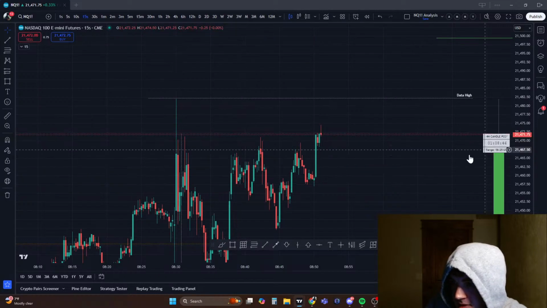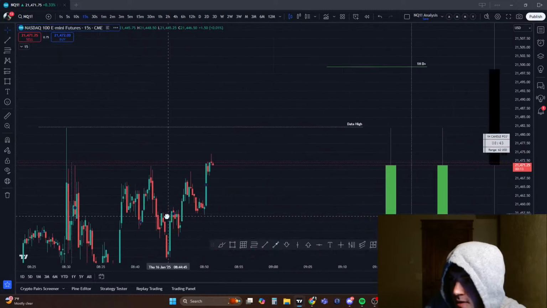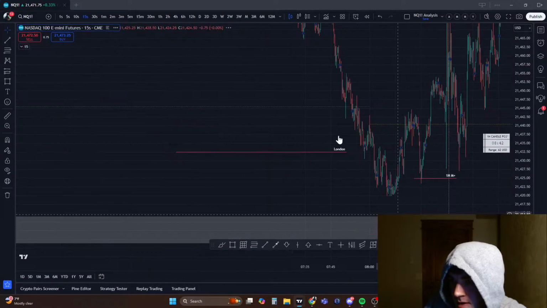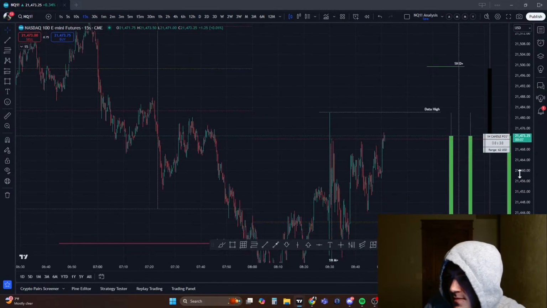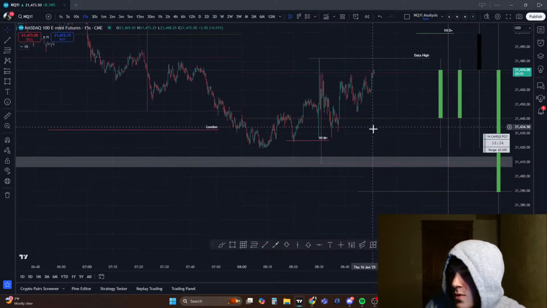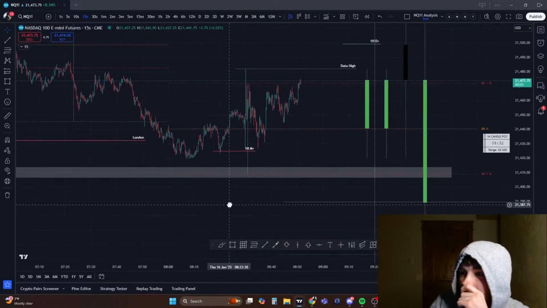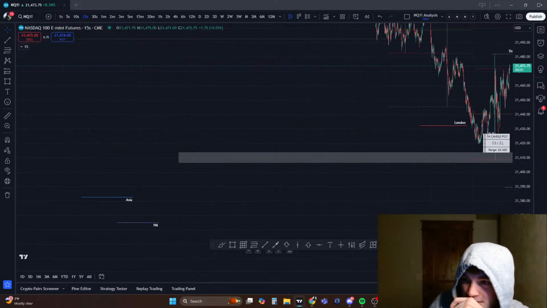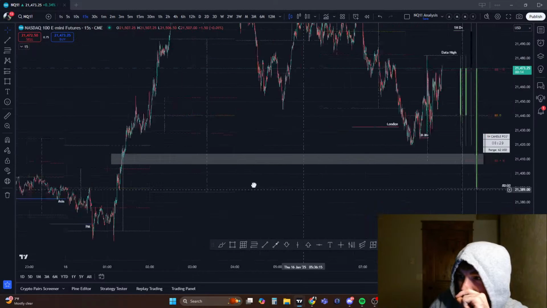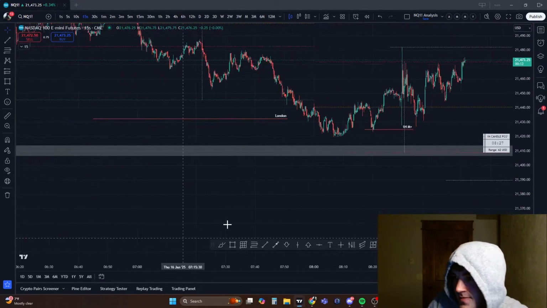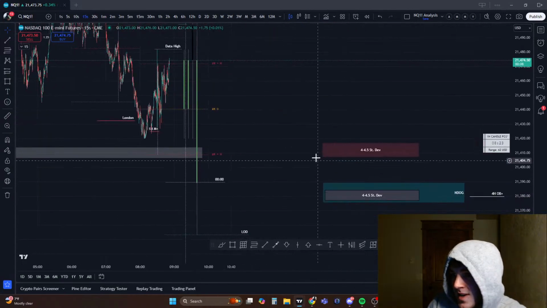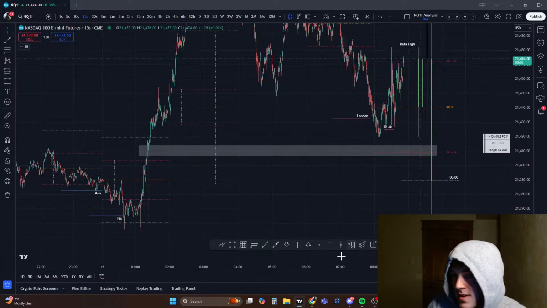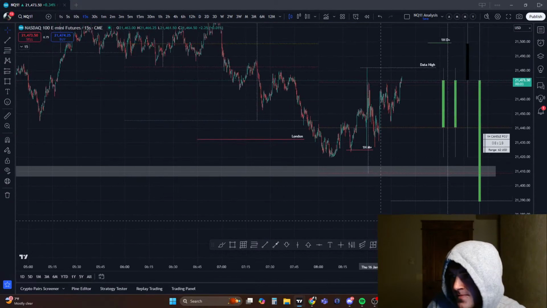Let's get rid of this. We don't need that anymore. So the 2 hour. Ooh. The 2 hour manipulation is right in that fair value gap that I highlighted. And it's also at that 4 to 4.5, because remember, I marked out this as the 4 to 4.5 of standard deviation.